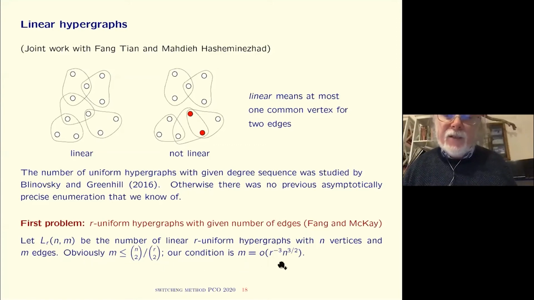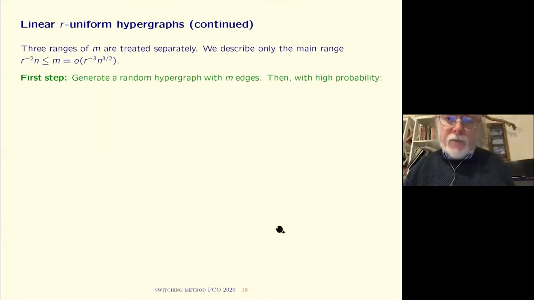Our condition is a more modest R^-3 times N^(3/2). R is allowed to be a function of N, and of course so is M. Okay, so I'll describe the main case of the proof where we have at least N/R^2 edges and at most the upper bound that I just gave you.